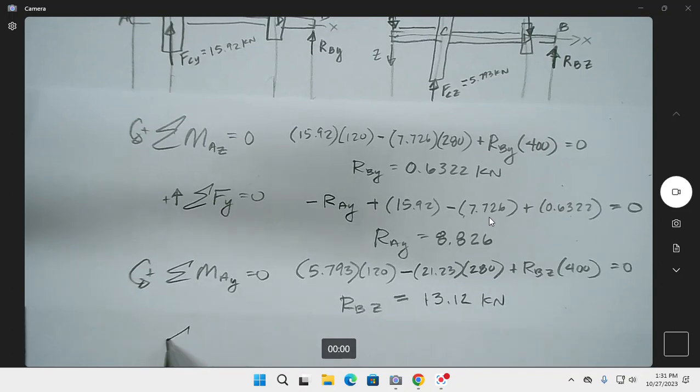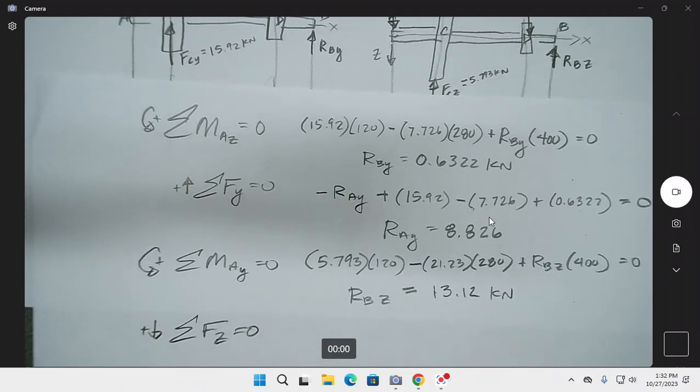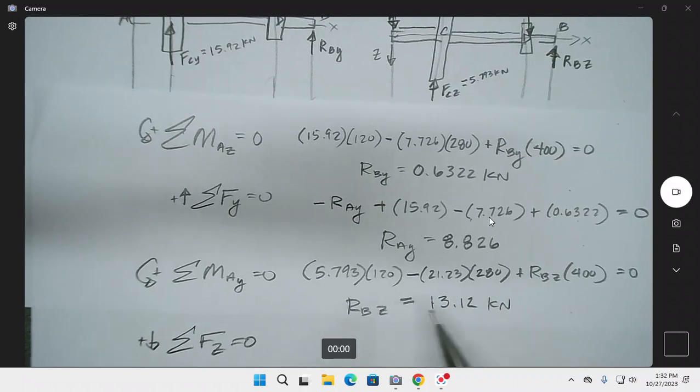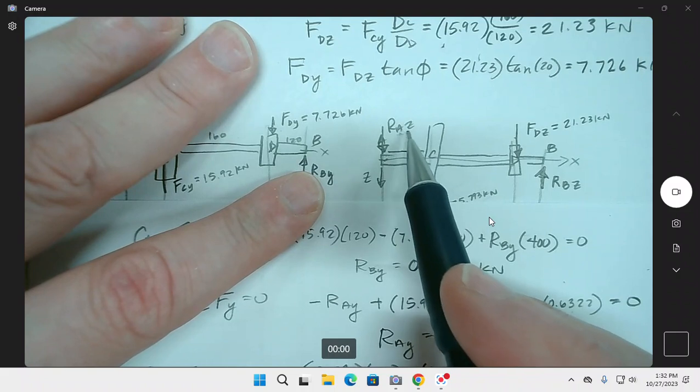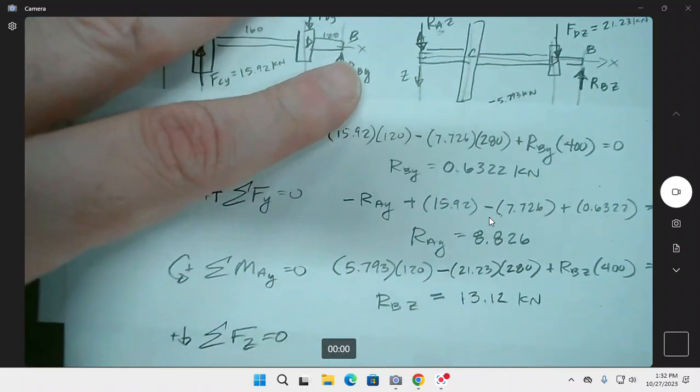And then the sum of the forces in the z direction, positively downwards, we'll say that this I chose to be in the positive direction, RAZ.